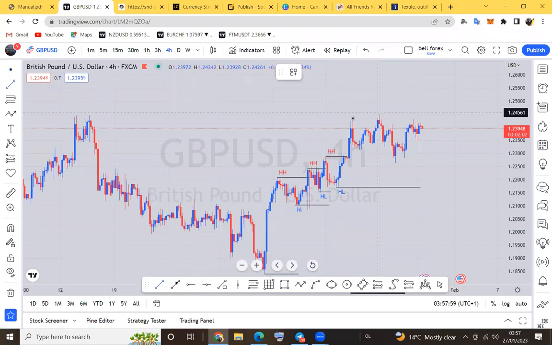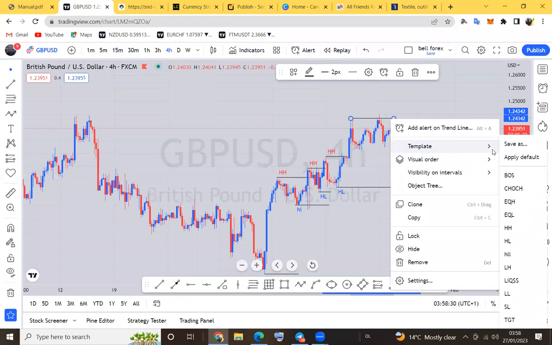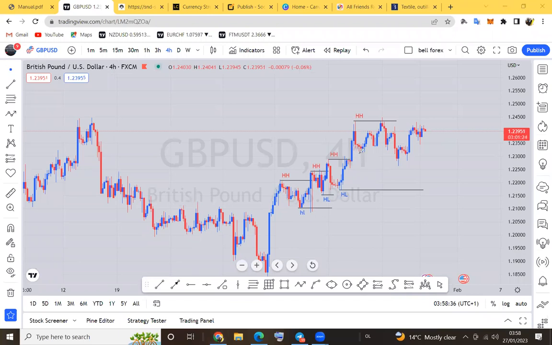Here you have a structure like this. I repeat, you take the wicks of the candle. So once you look at this, the swing highs and the swing lows, this is the lowest point that created this high. So automatically this is a high. This is a new higher height. And so these other structures here are internal structures.